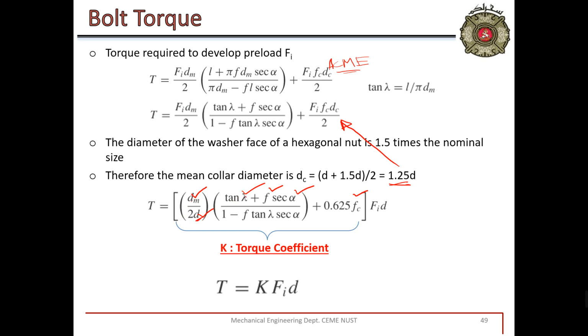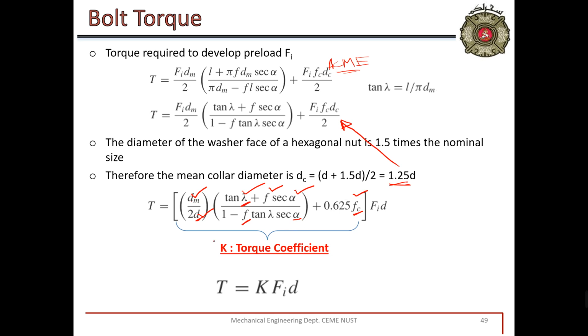Then also from threads per inch, calculate lambda. For the material of bolt, calculate friction. For collar, calculate fc and alpha.